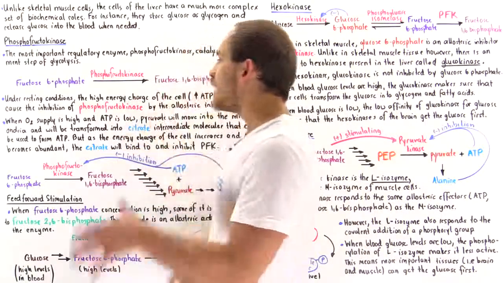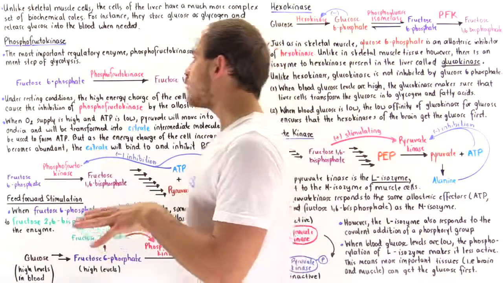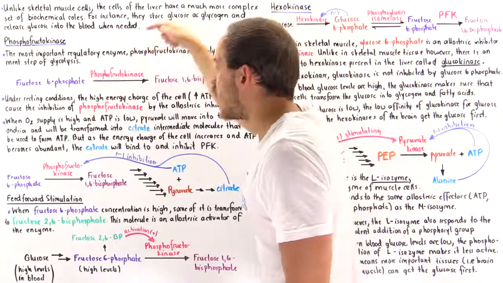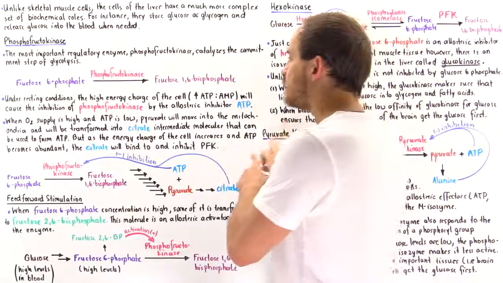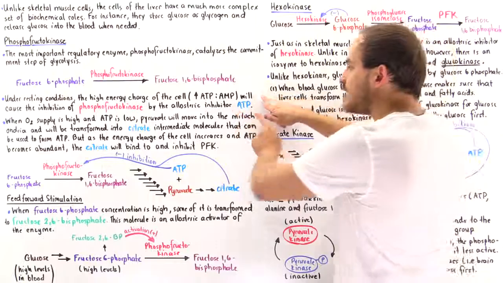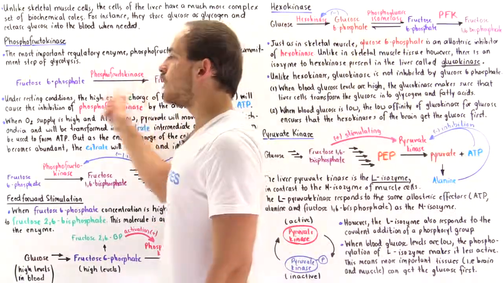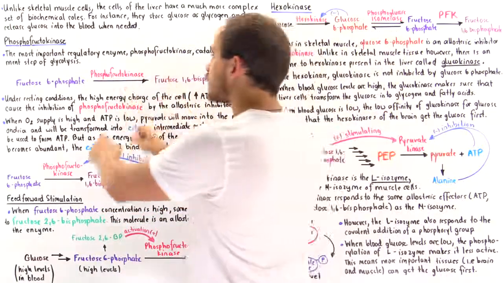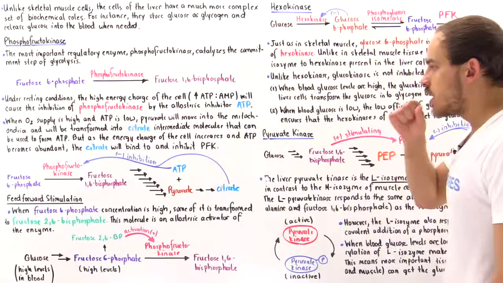And so if we have a high citrate concentration in the cytoplasm, that citrate will bind onto phosphofructokinase, and it will increase the ability of the ATP to inhibit the phosphofructokinase. So just like ATP, citrate is also an allosteric inhibitor of the phosphofructokinase. And this is the second important difference between the phosphofructokinase in skeletal muscle cells and the one in liver cells.